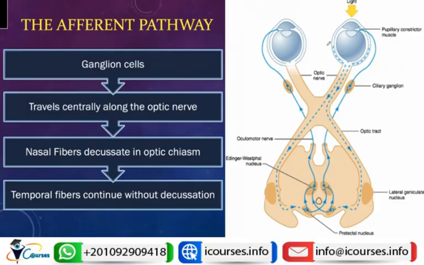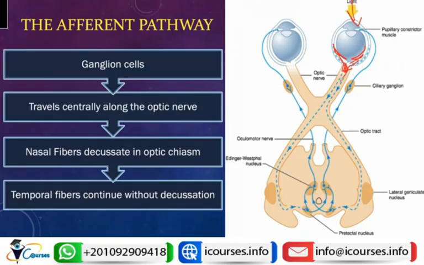What is the receptor here? When the light is shone into the eye, it is received by the ganglion cells. The ganglion cells have nerve fibers, as we know, and these nerve fibers collect together to make the optic nerve.